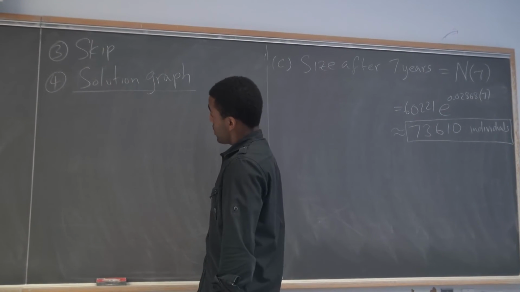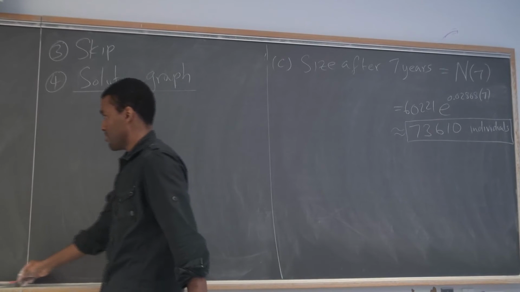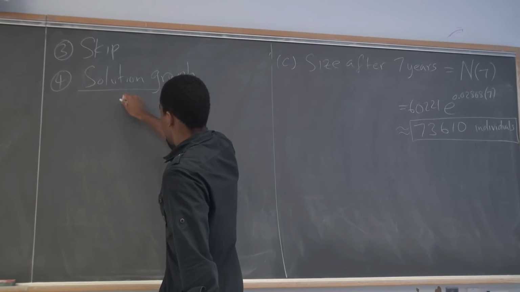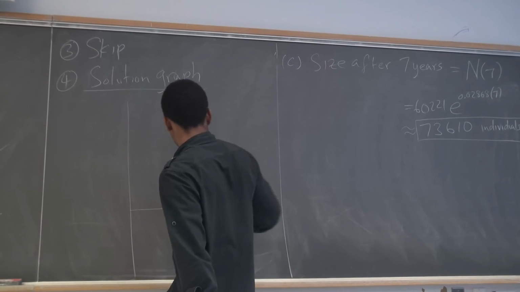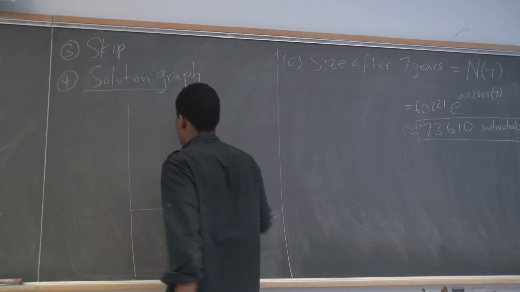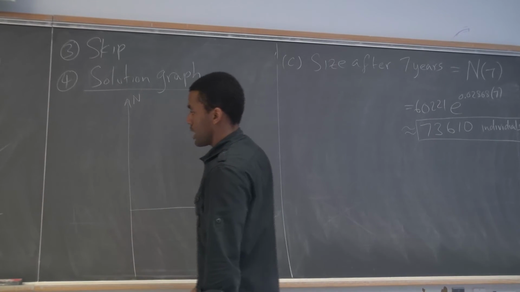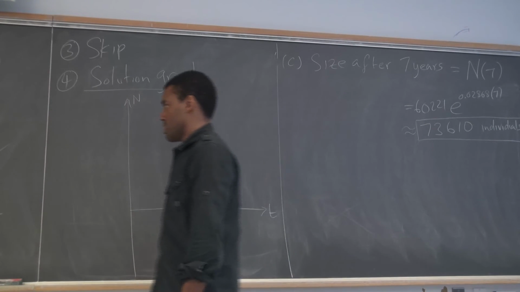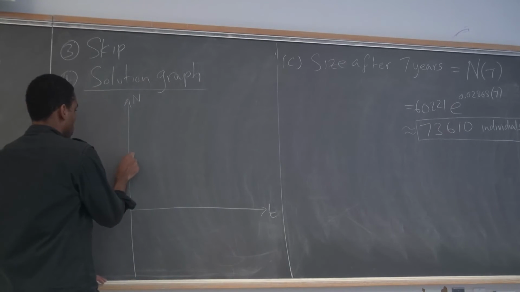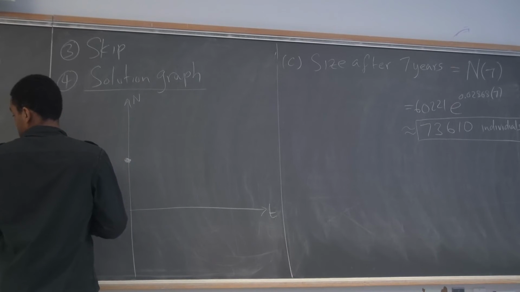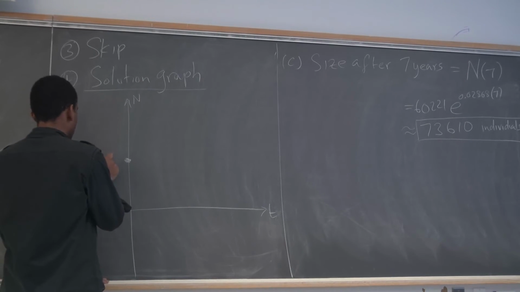All right, solution graph. What does it look like? So the steady state is 104,603.